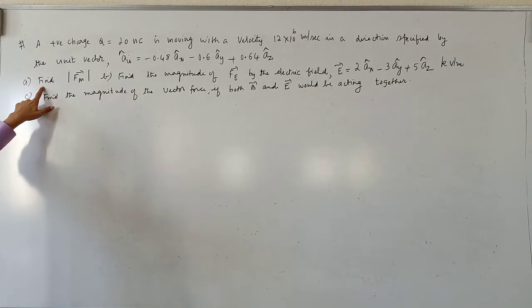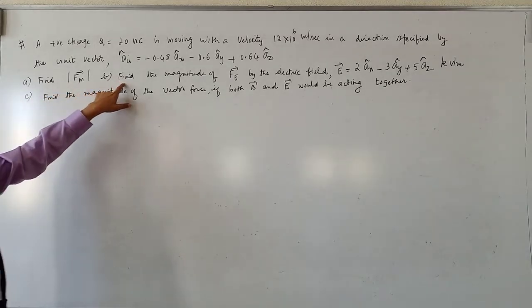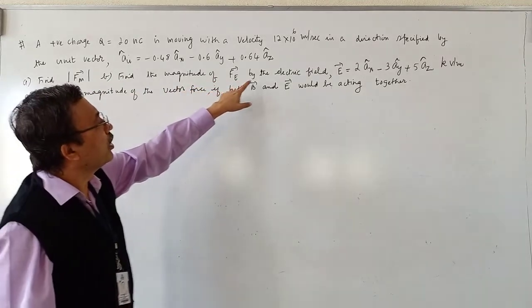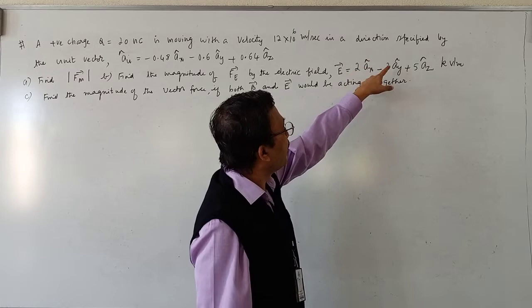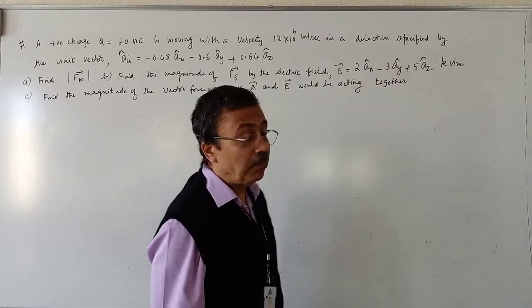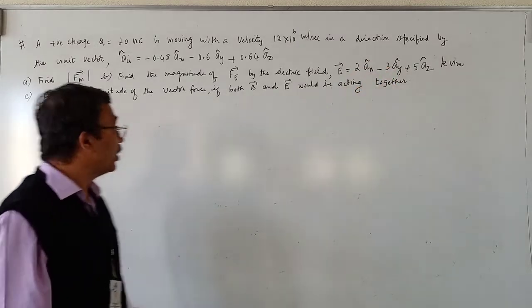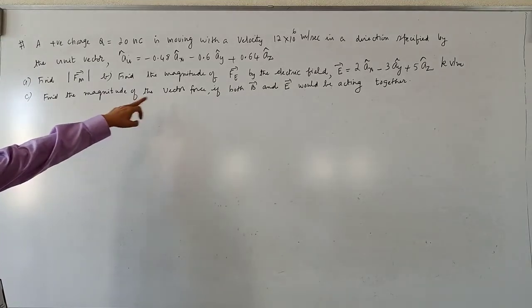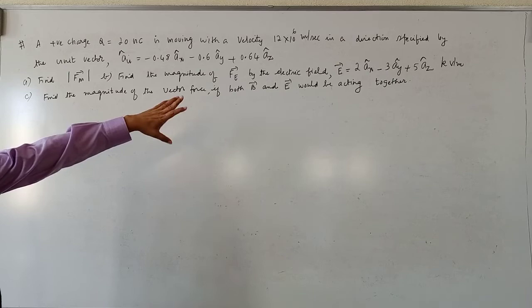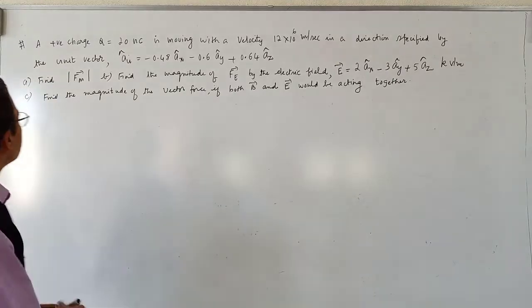Part A, find magnitude of the magnetic force. Part B, find the magnitude of the electric force if vector E equals 2 aX minus 3 aY plus 5 aZ kilovolts per meter. Part C, find the magnitude of the vector force if both vector B and vector E would be acting together. Solution.